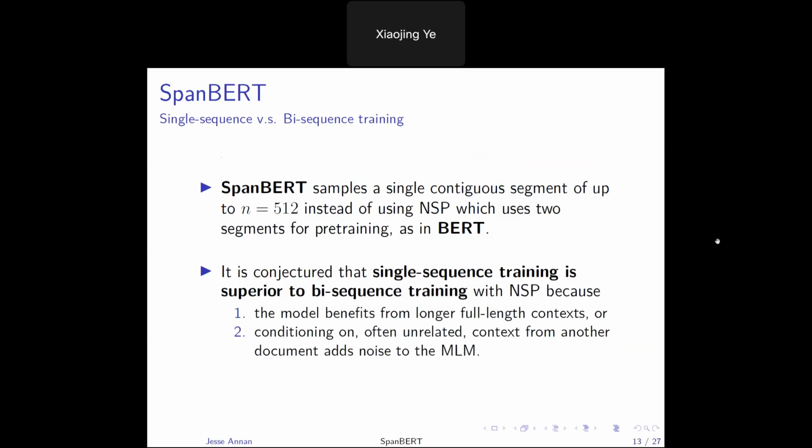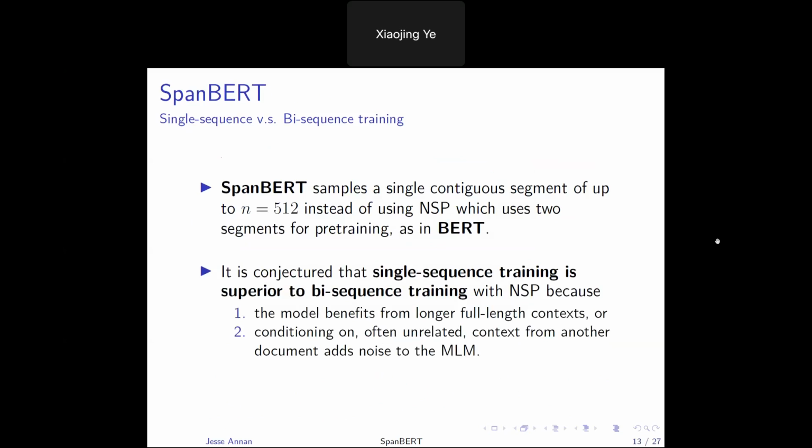So if you remember correctly, I said the next sentence prediction task samples two sequences and checks if the second sequence is a direct continuation of the first sequence. So they conjectured that doing such a thing would probably bring some kind of noise, because it is trying to mask continuous spans.